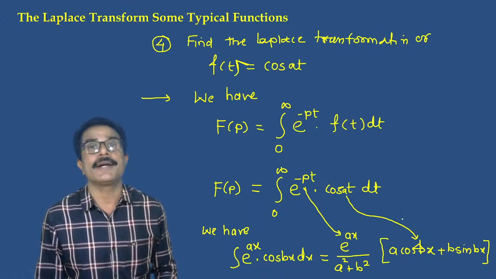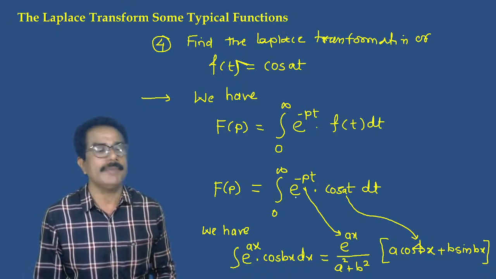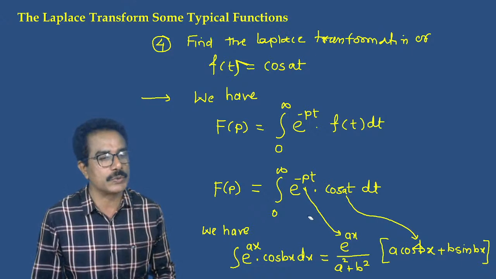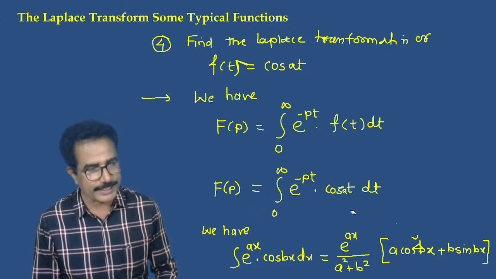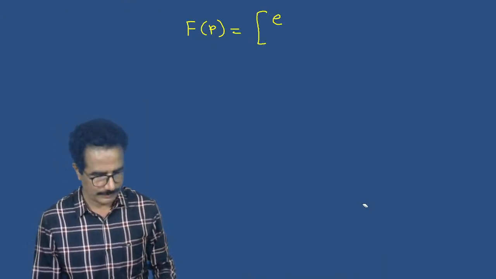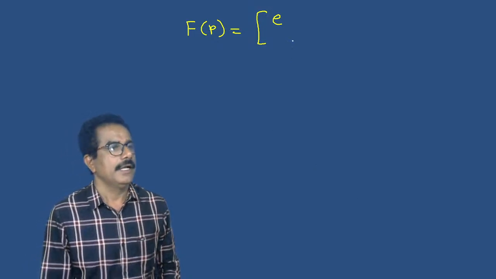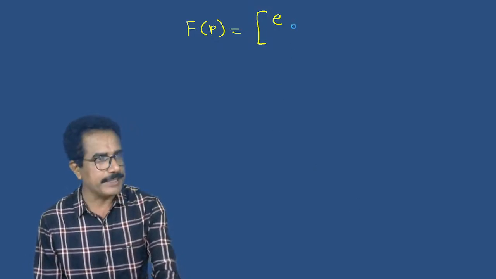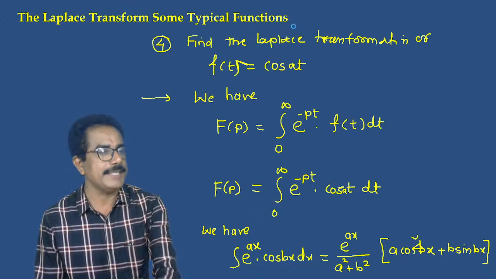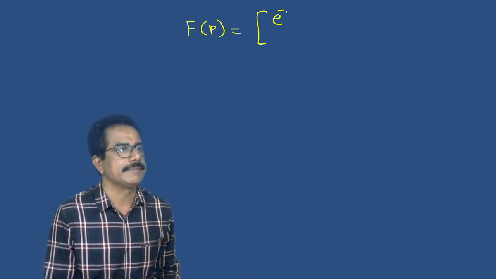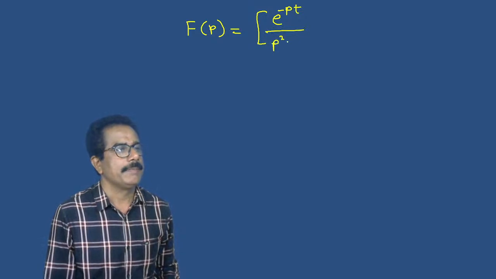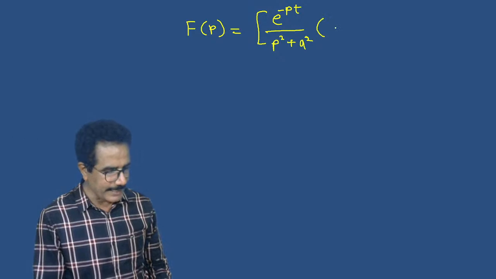So our definite integral goes to the form: e raised to minus pt divided by p square plus a square in a bracket.